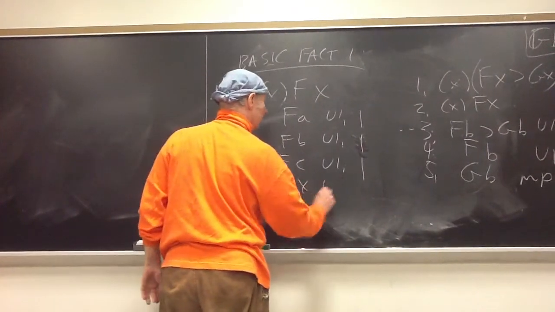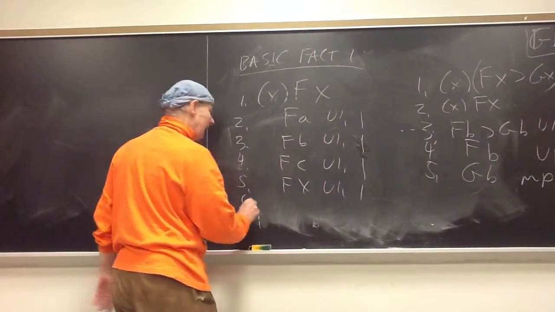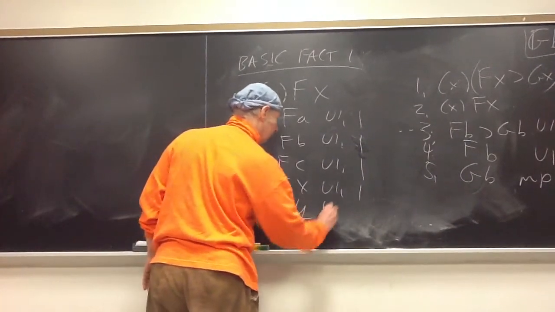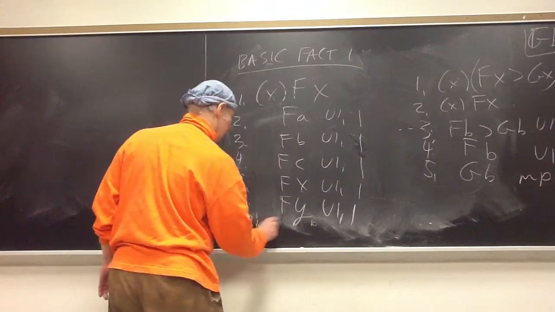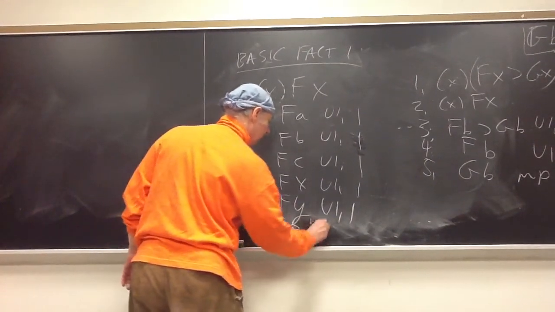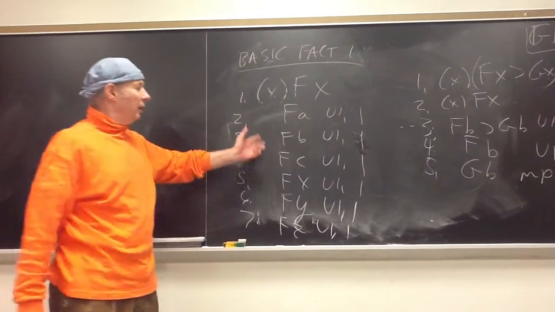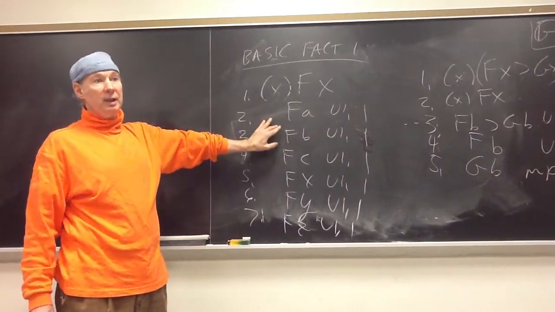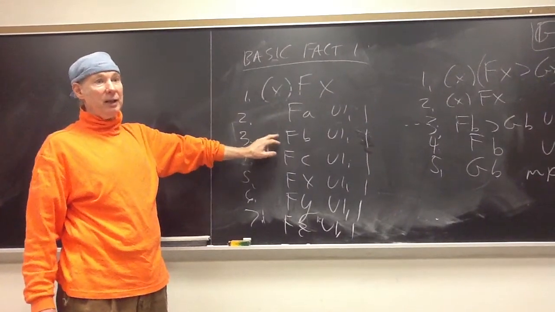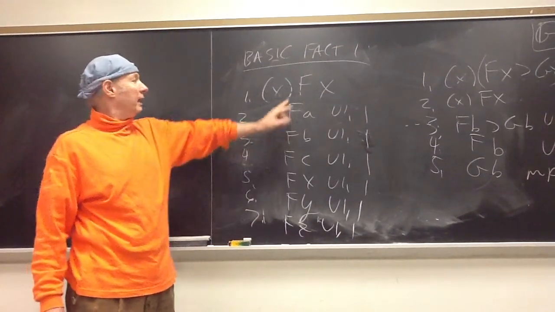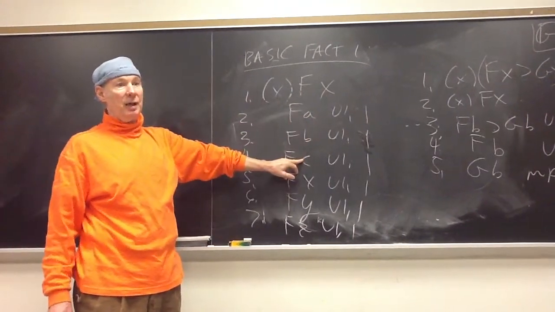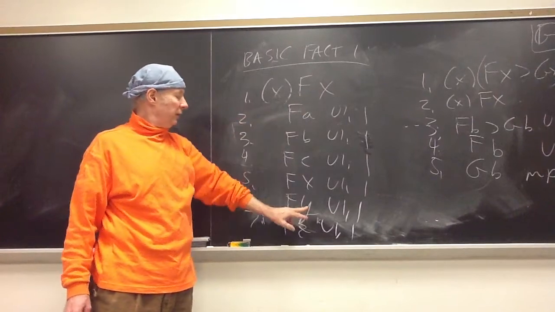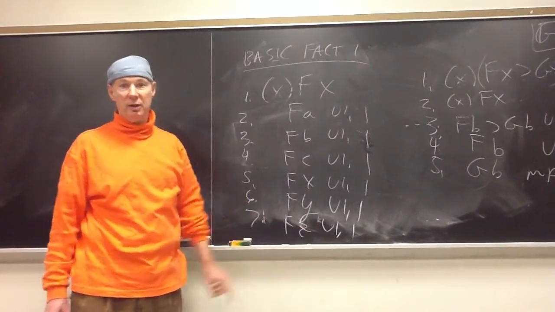I can do that. I can change the name of the variable if I want. And so on. What this tells me is UI is very easy to use, and I can do a lot of things with it. I can replace my x's by the names of objects, or I can keep x as an x, or change the variable from x to y or x to z. Okay.